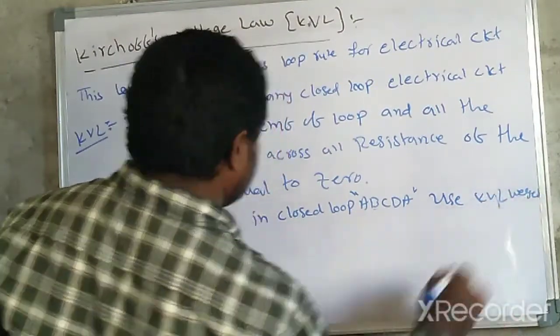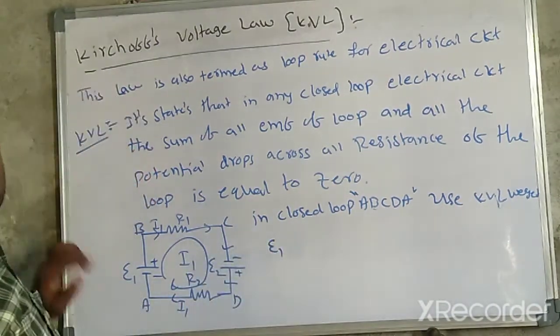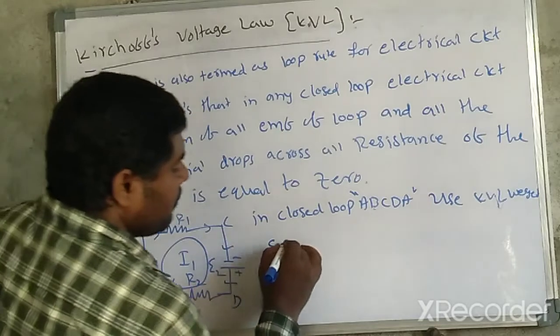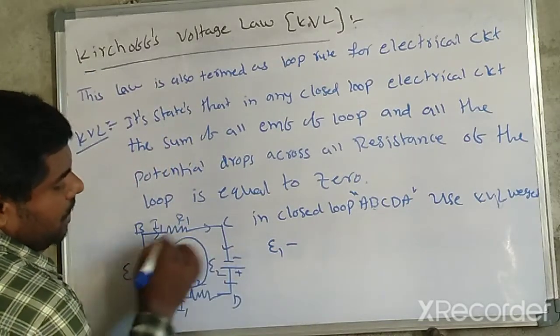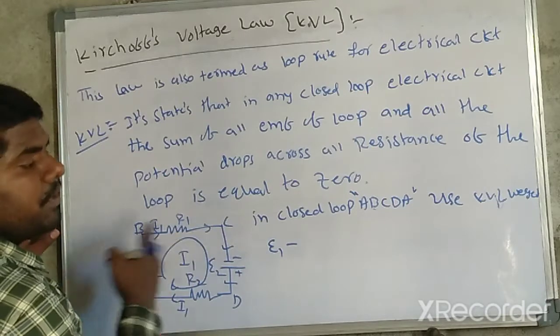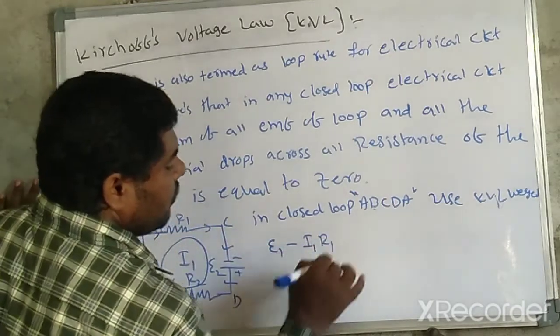first the EMF E1 minus, because your path direction is B to C and the current is also moving B to C, that's why minus I1 into R1.